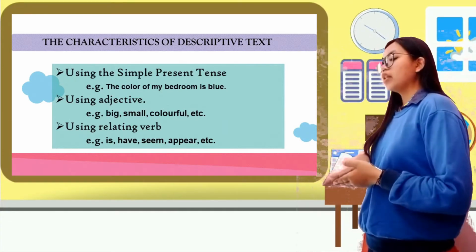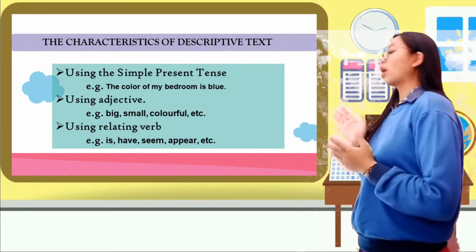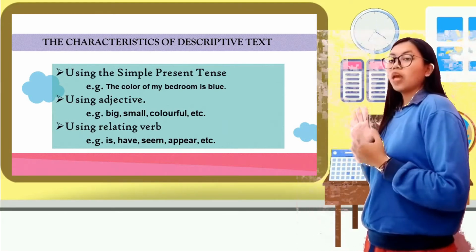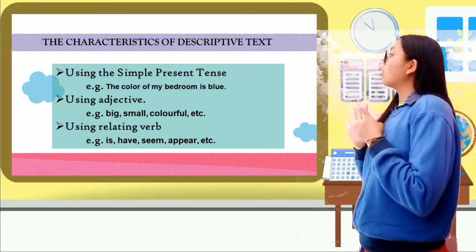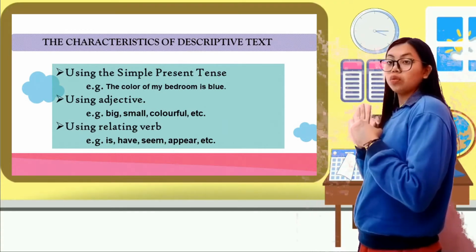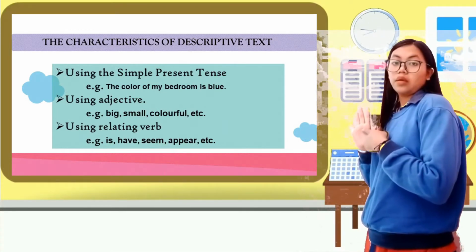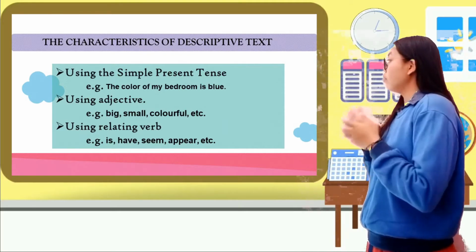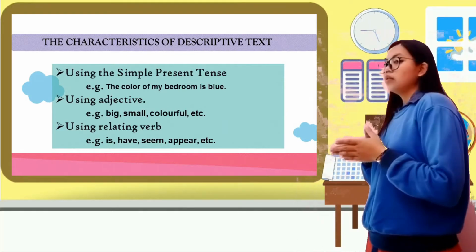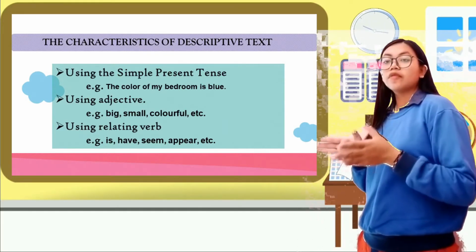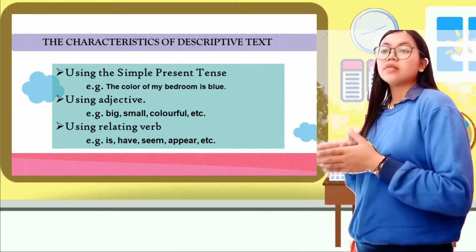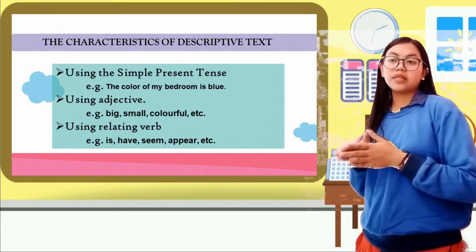For example, if you want to describe your bedroom, maybe you can use this sentence: the color of my bedroom is blue. Yes, you can see the example. And the second one is using adjectives.